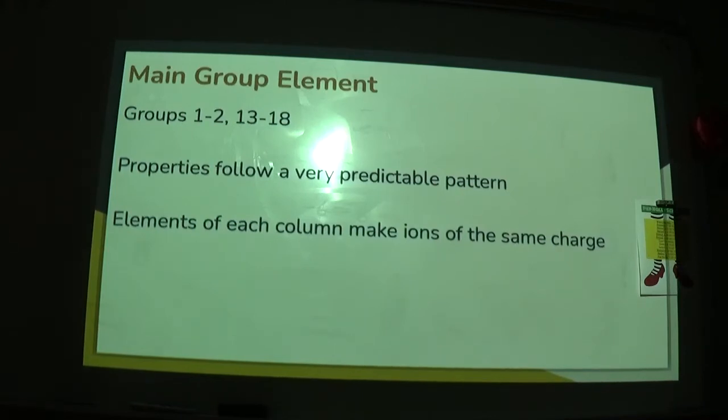And the elements in each column make the same charge. I'll go ahead and show you the pattern for how the charges work. This will be a throwback to physical science if you remember that.